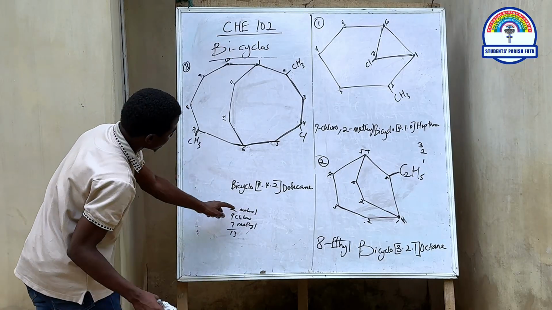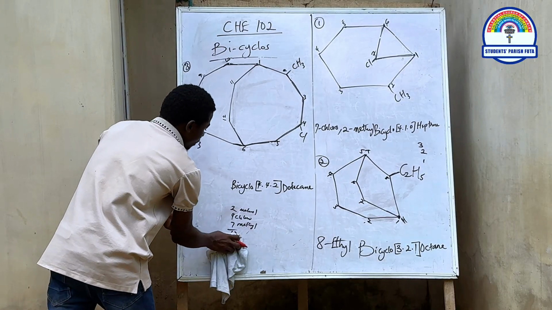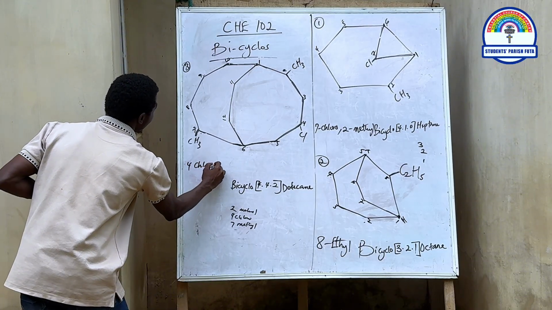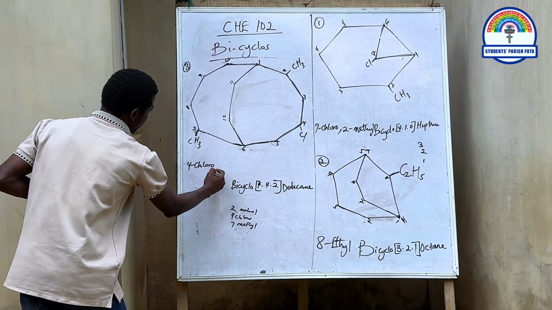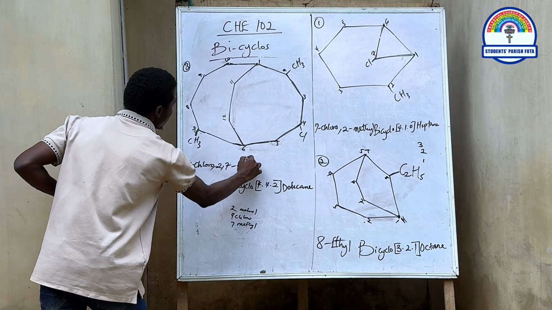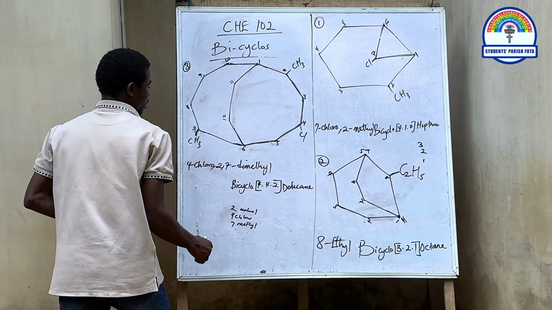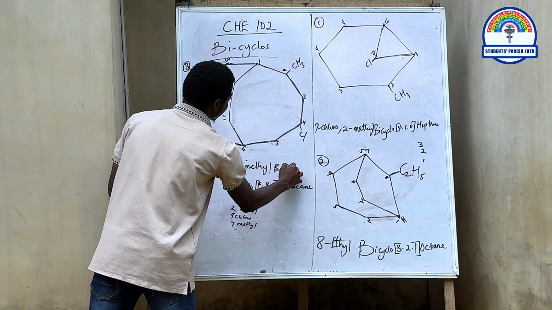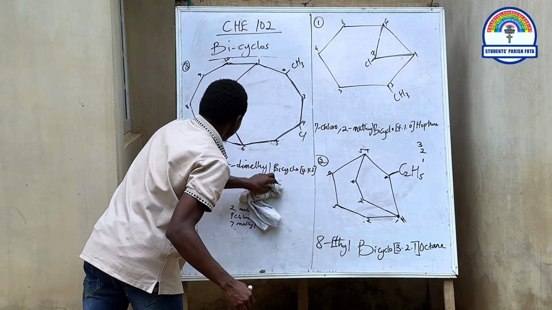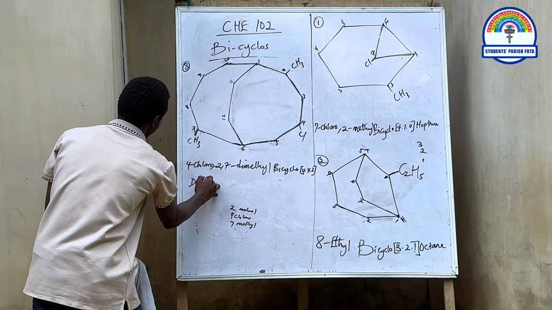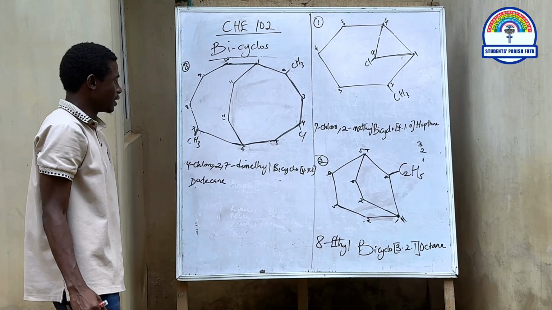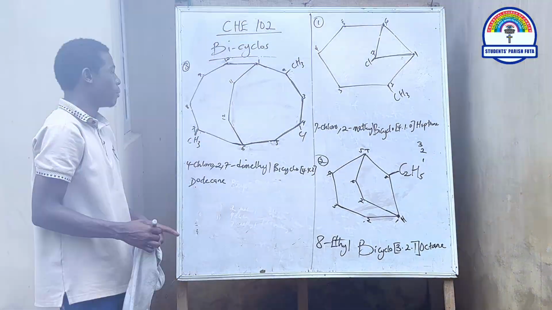Arranging alphabetically, C still comes before M. So that makes it 4-chloro, then 2,7-dimethyl, then you now have your bicyclo 4.4.2 dodecane. So that is the naming of this compound.